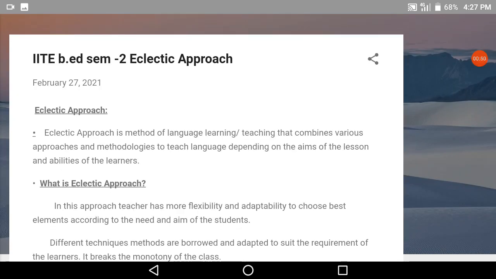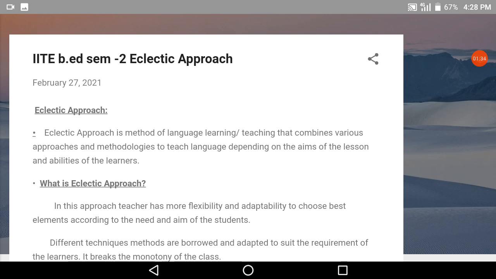Why is the eclectic approach put at the last? Because the eclectic approach is the mixture of all the methods and all the approaches. When you visit our trainer's diary, the B.Ed trainer's diary, at page number 38, they have Pedagogy of English Language 2, and we have the second unit. 2.1 is all the methods: grammar translation method, direct method, structural method. 2.2 is functional approaches.